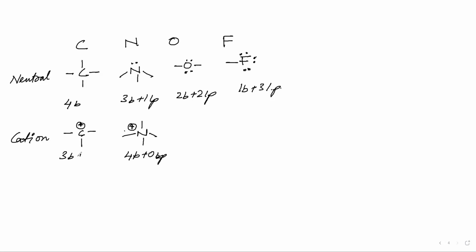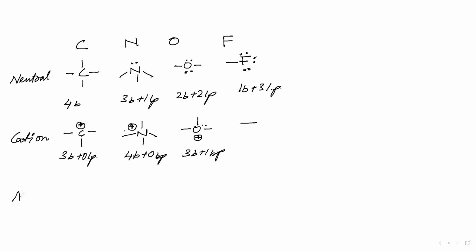Similarly here, plus 0 lone pair. Oxygen will be having 3 bonds and 1 lone pair. Now fluorine cannot form another one. We will just leave it blank.